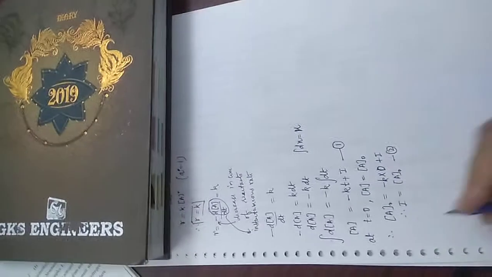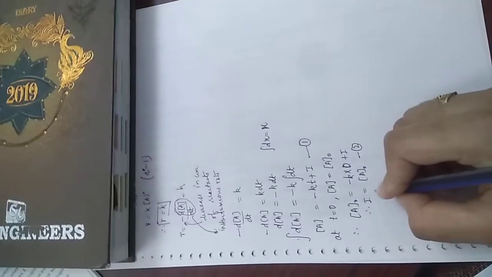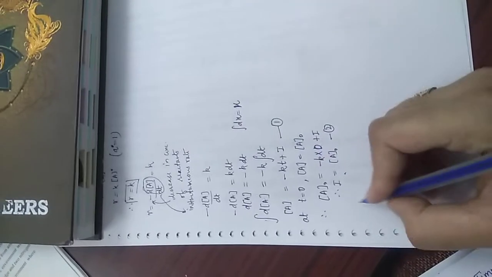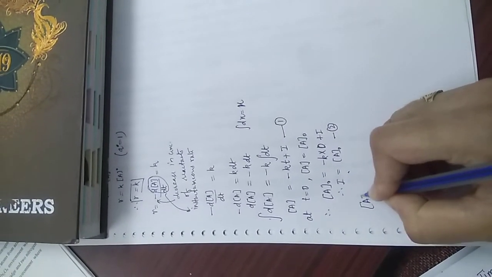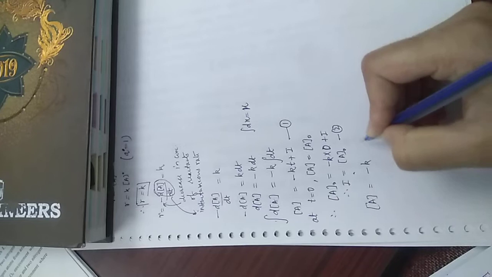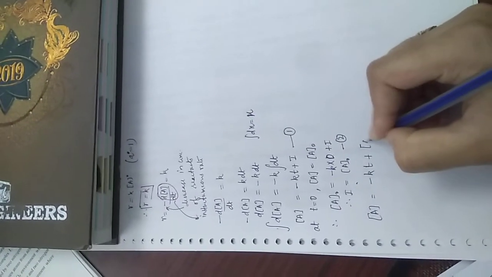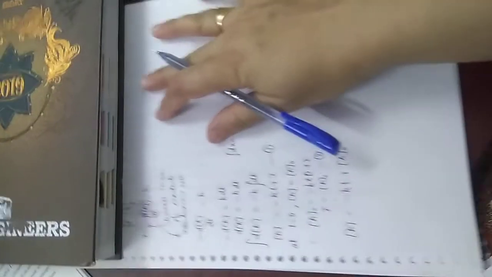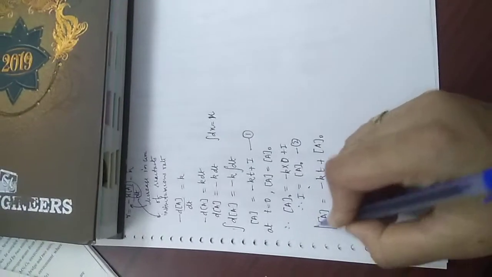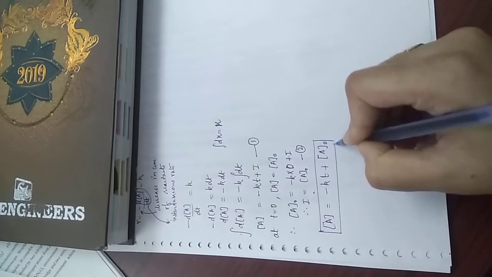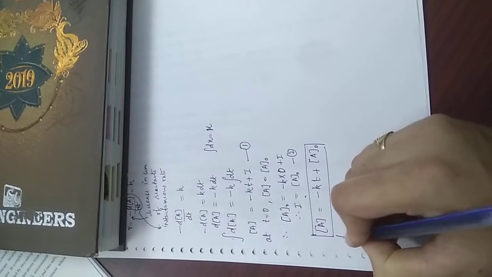So putting the value of I into equation 1, we get a new equation, that is concentration of A equal to minus Kt plus A naught. This equation is our integrated equation for zero order.